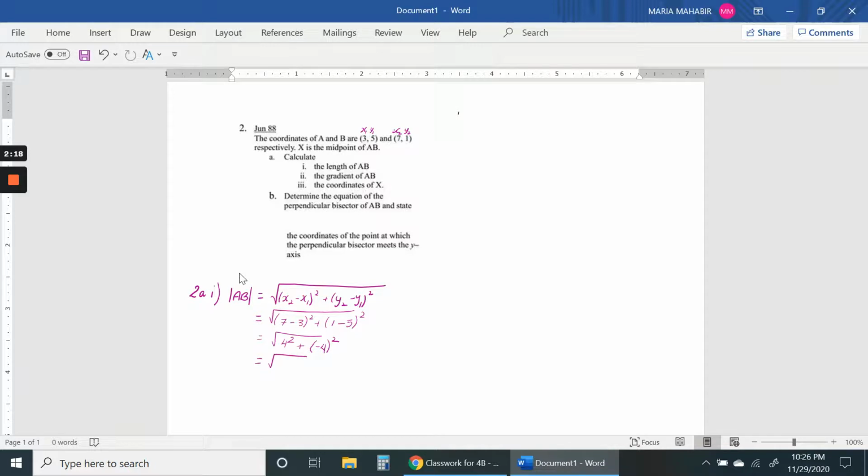So now this becomes the square root of 16, and negative 4 squared is also 16. So that's the square root of 16 add 16, which is 32.